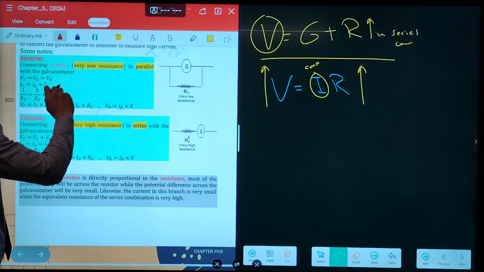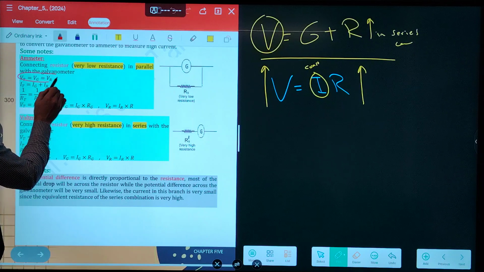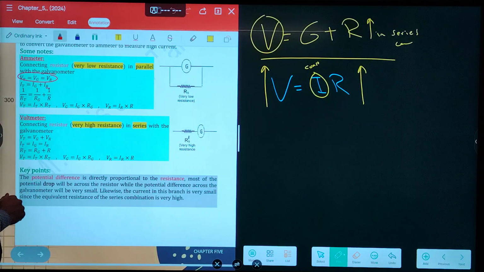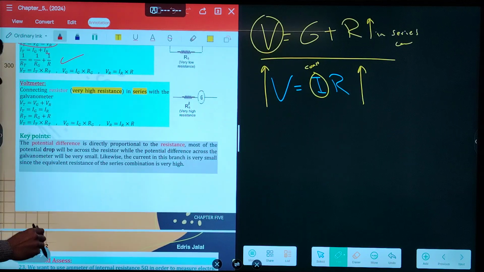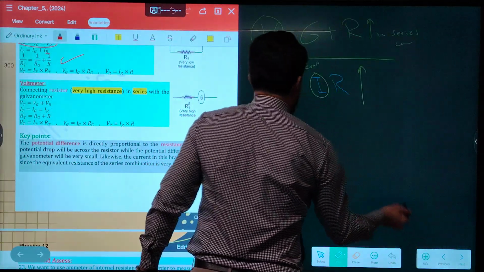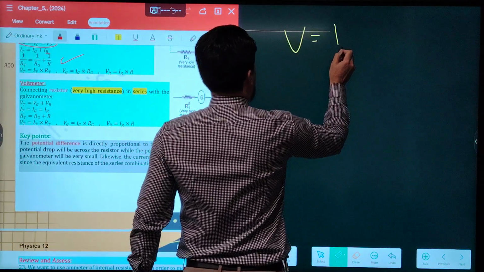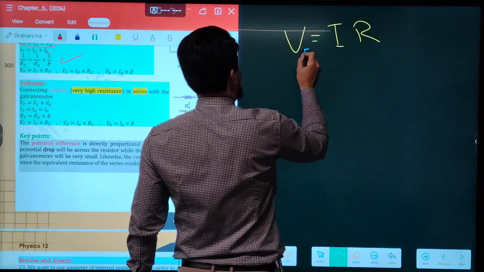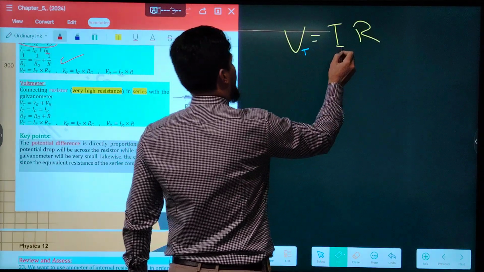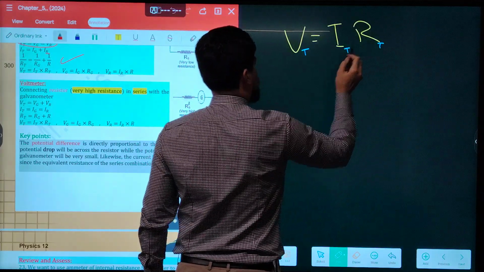These are some notes on how to solve questions about the ammeter. The resistance must be connected in parallel, and in parallel connection V is equal, but we add up the individual currents. And this is Ohm's law. Another note about Ohm's law: V is equal to IR. To find V total, we use I total and R total.